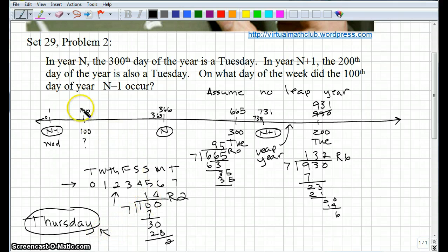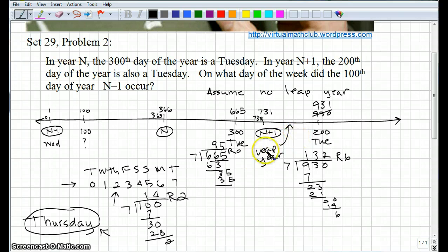So the key here was, first of all, to write out this timeline and then convert all of these dates, these 300th day and 200th day of the respective years, to measure them with respect to the first day of year n-1. Okay? And that makes one continuous count from that day 1 of year n-1, and that makes it a lot easier.